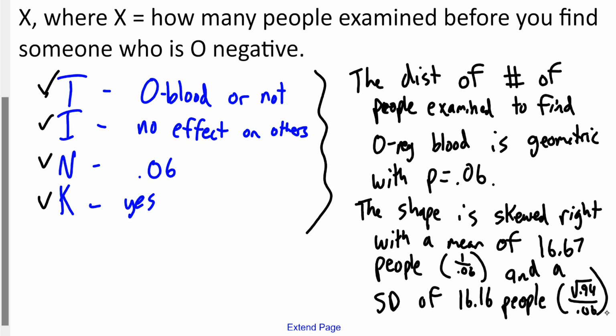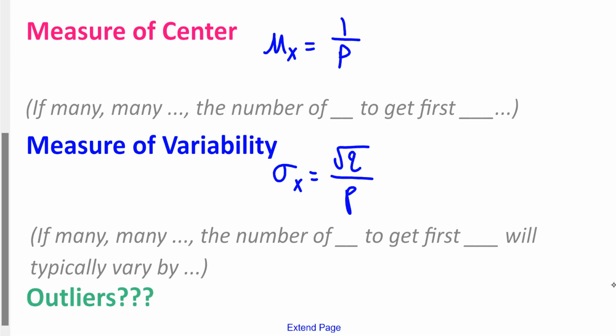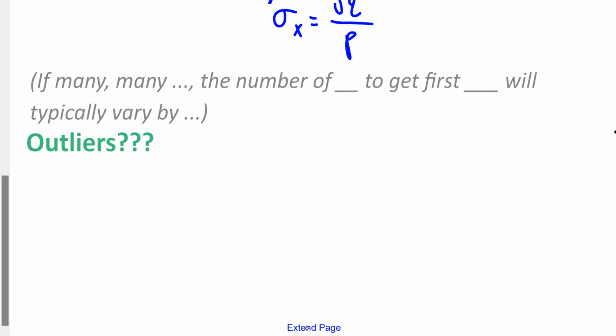Done. I just described the distribution. So it's very similar to binomial, but with a couple different formulas. I forgot to mention, do we need to deal with any outliers? No. It's going to be skewed right, so that's just the nature of the shape.